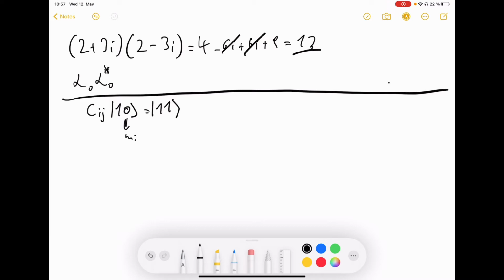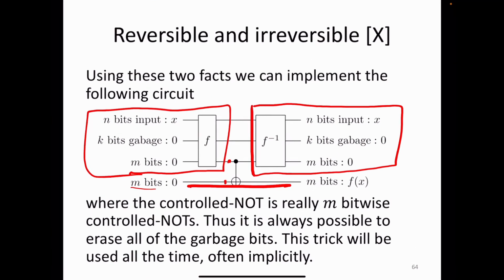On the other hand, if I apply my controlled NOT gate to the state 0, 0, the resulting state will be 0, 0. So again here I have my m-th bit, and so that means, or you can interpret it as controlled NOT having copied that state to that one here. And that's what we did here in that circuit. Okay.